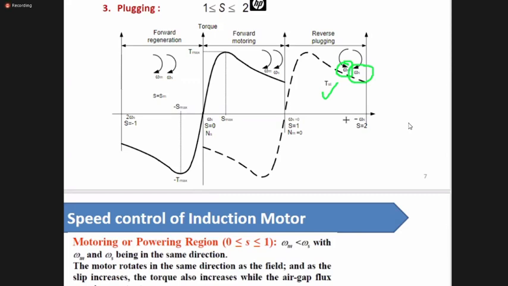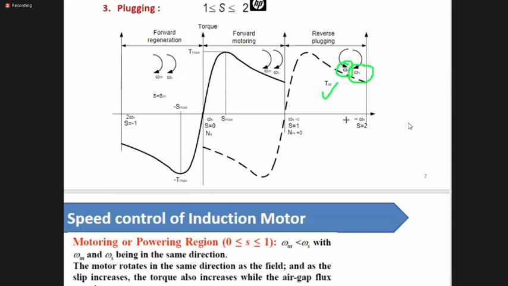We usually try to avoid this sort of plugging, because in this case an excessive amount of heat is produced in the windings. But it is still there. This is definitely one reason where you can get slip above 1. So these are the three regions of operation.